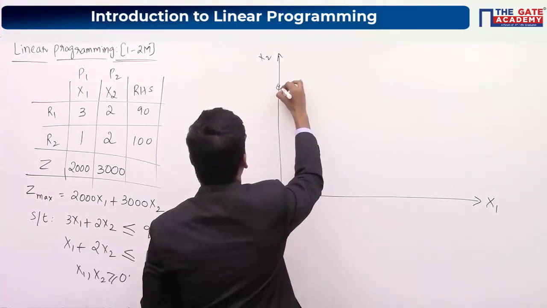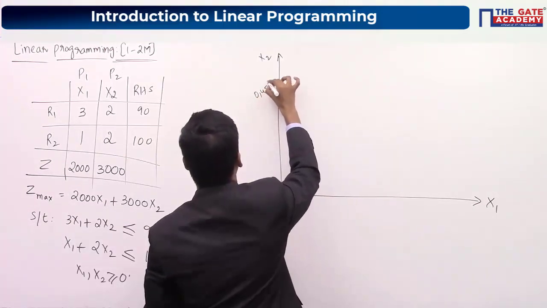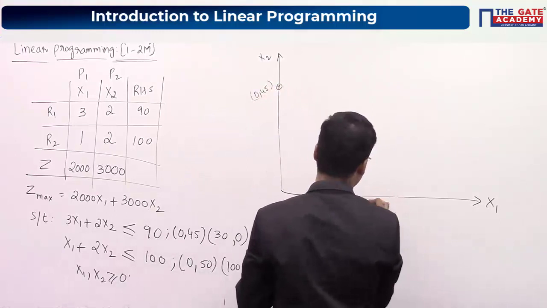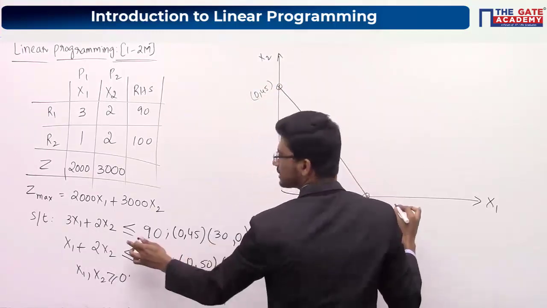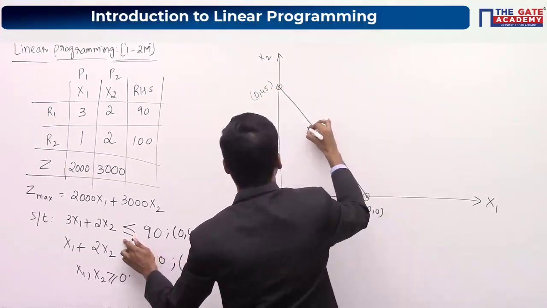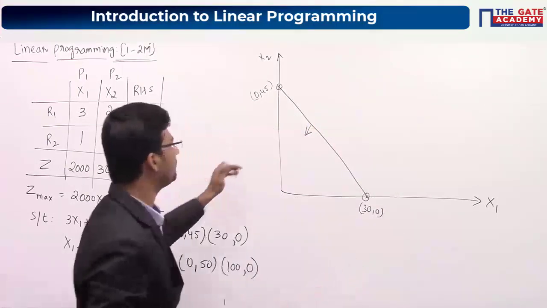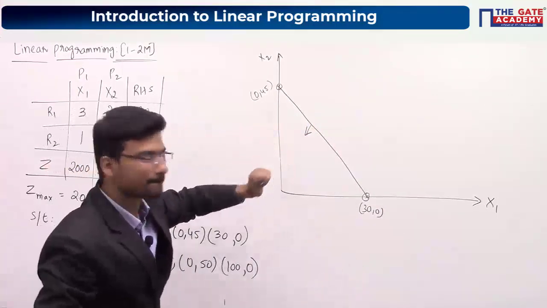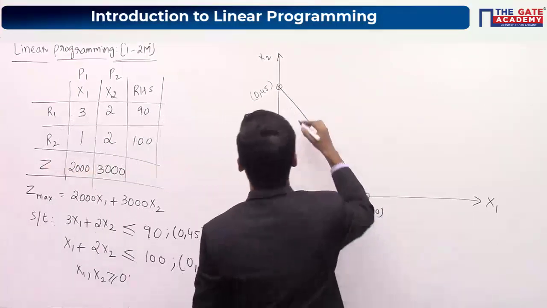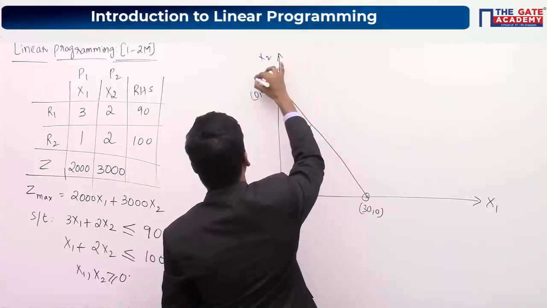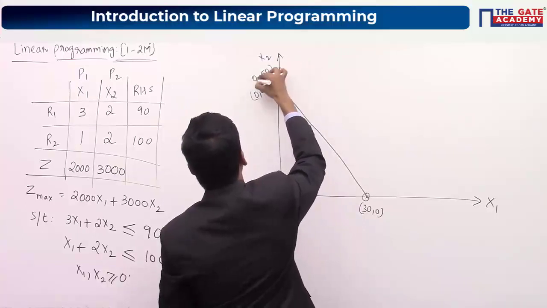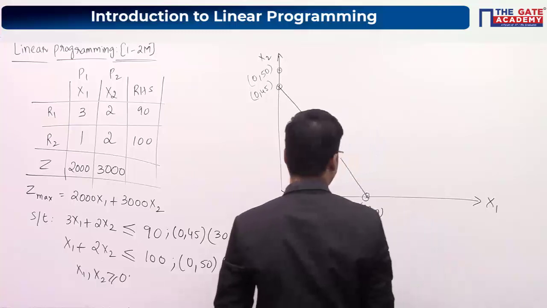So plot these points 0, 45 and 30, 0. Again it is a less than or equal type constraint, in the sense the region satisfied by this inequality should be towards the origin. What about the second constraint, 0, 50 and 100, 0?